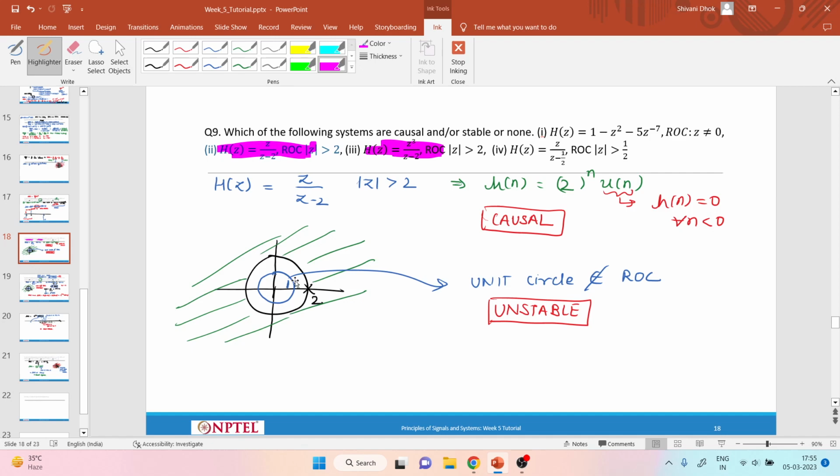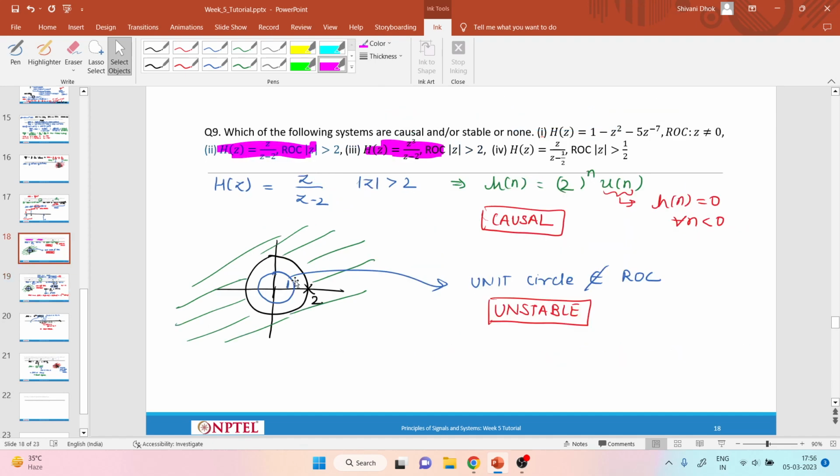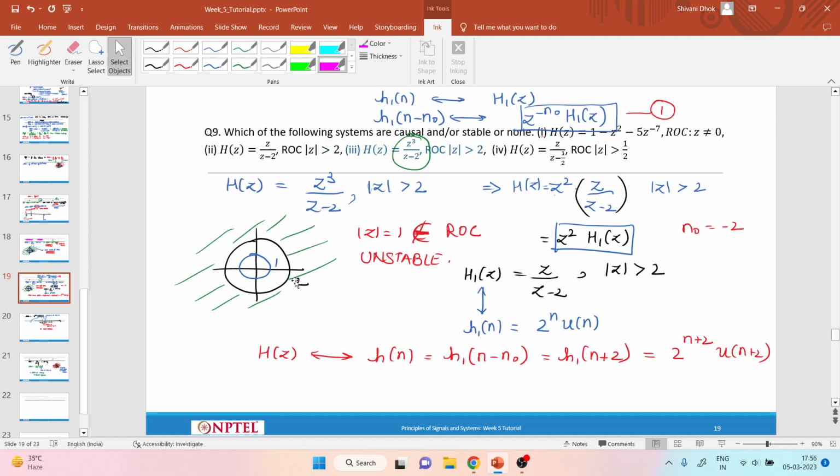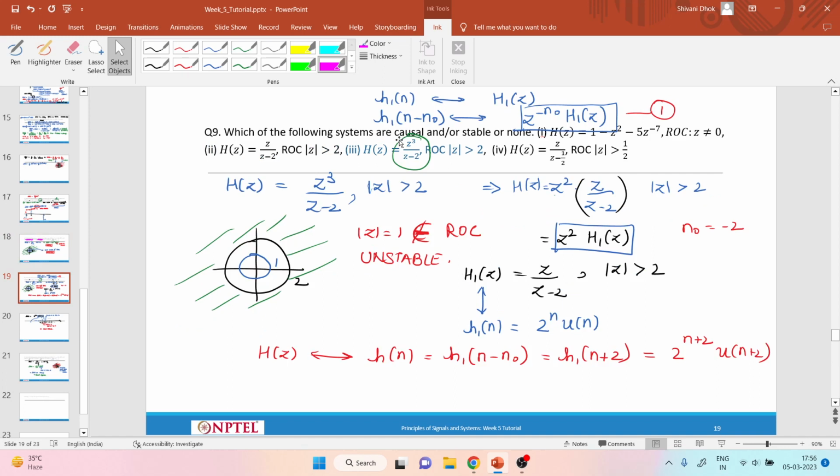You can see from these two parts, same region of convergence, but one is causal and the other is non-causal just because of a shift which is causing an addition of 0. So this point has to be clear: just by looking at the region of convergence you can't comment on the causality. You should know where the poles and zeros exactly lie, how the transfer function is, and only then can you comment on its causality.